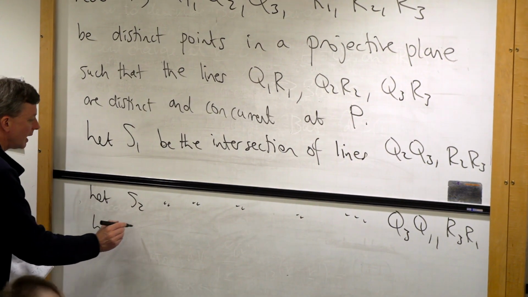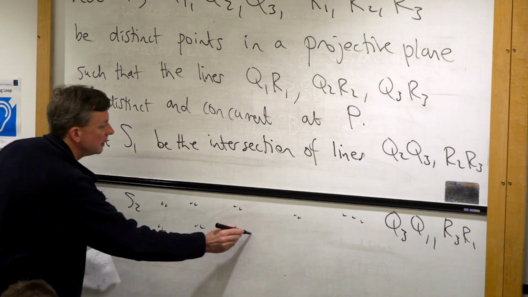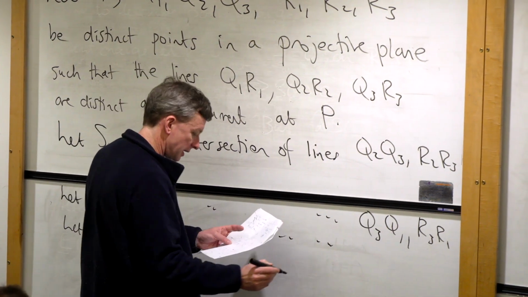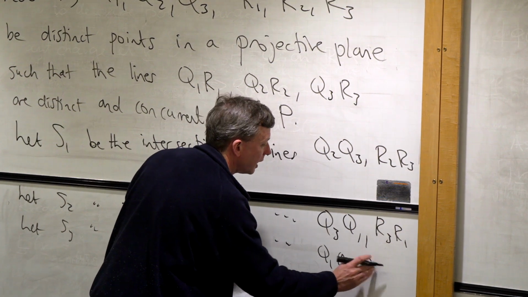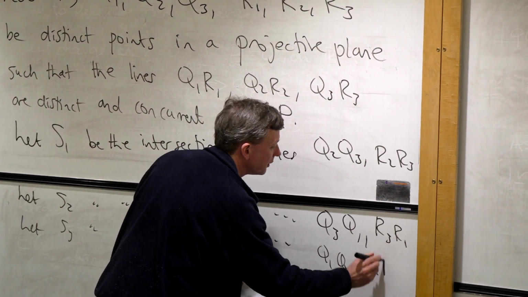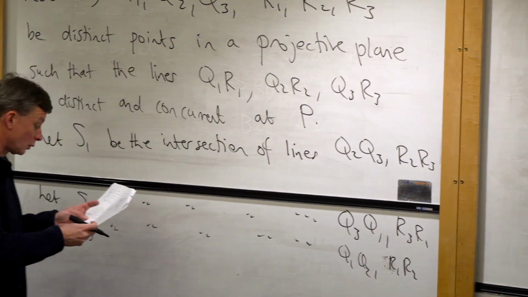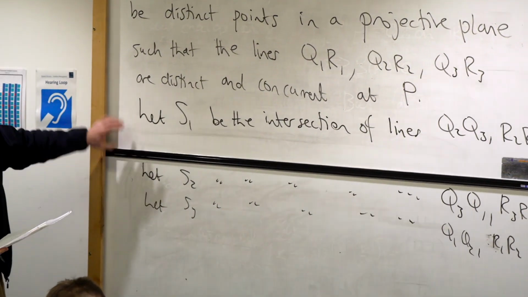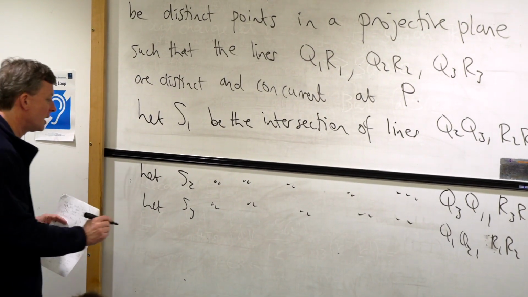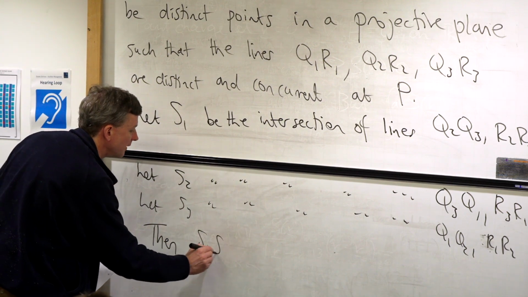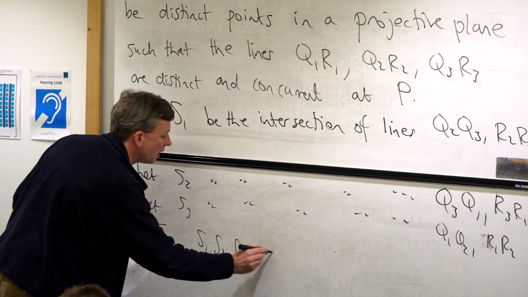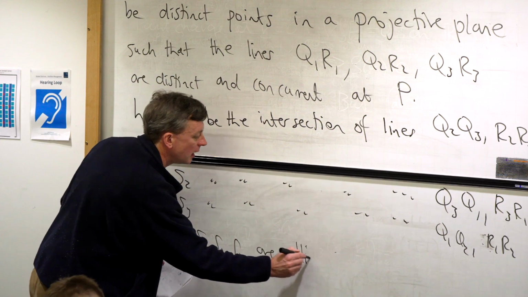And S3 is the intersection of the lines Q1, Q2 and R1, R2. So we're cyclically permuting 1, 2 and 3. So that's all the hypotheses, and the conclusion is that then S1 and S2 and S3 are collinear.